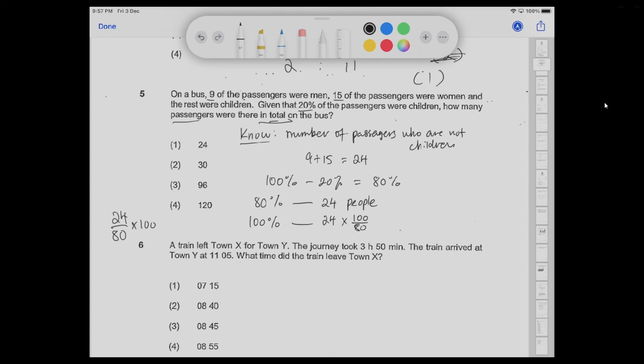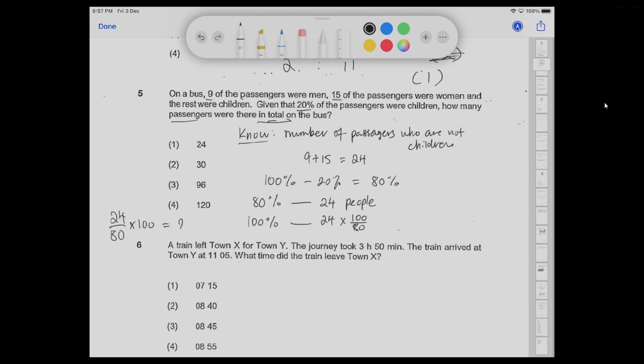If you simplify it overall, you get 24 times 100 over 80. Of course this is section A and B, you can't use a calculator, but it's quite a simple calculation. Eventually, if you do your multiplication and division, you end up with 30 people. So the answer is 2.